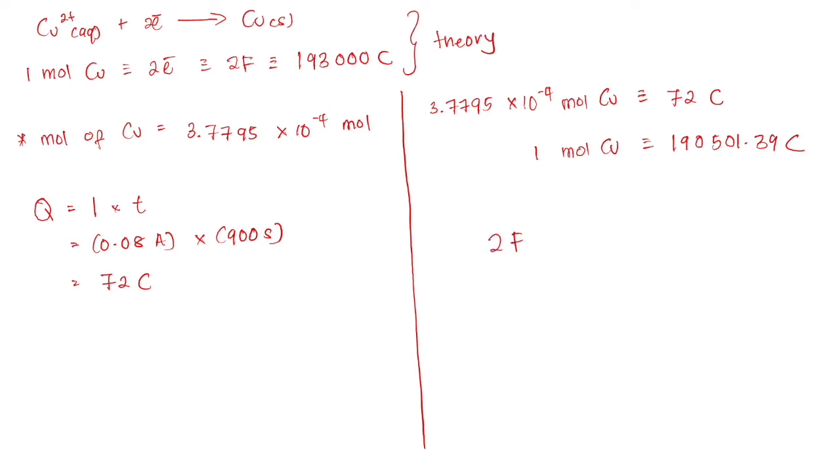So 2 Faraday, sama dengan 2 Faraday. So 2 Faraday pula dalam eksperimen madam ni 190,501.39 coulomb. 1 Faraday, kita akan dapat berapa? Kita akan dapat 95,250.69 coulomb. Okay.